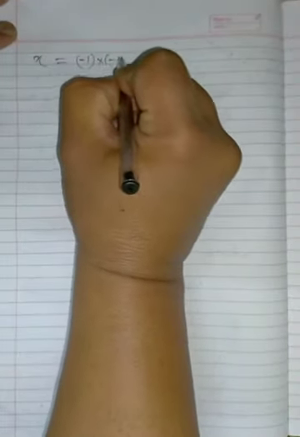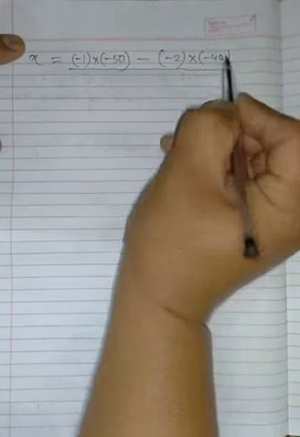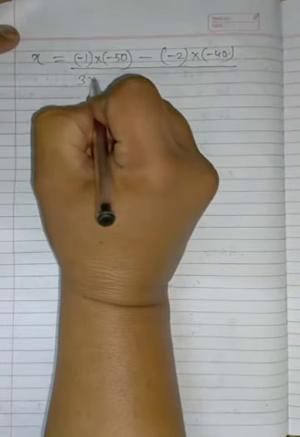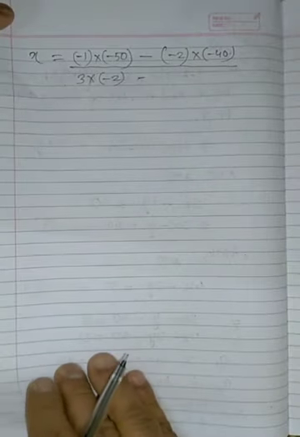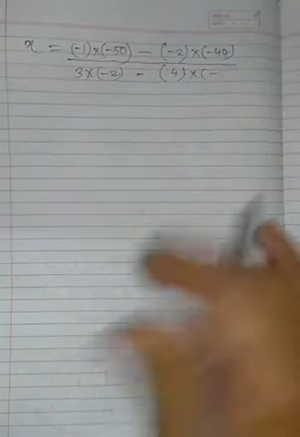So x is equal to b1 c2, minus 1 into minus 50, minus b2 c1, minus 2 into minus 40, upon a1 b2, 3 into minus 2, minus a2 b1, 4 into minus 1.